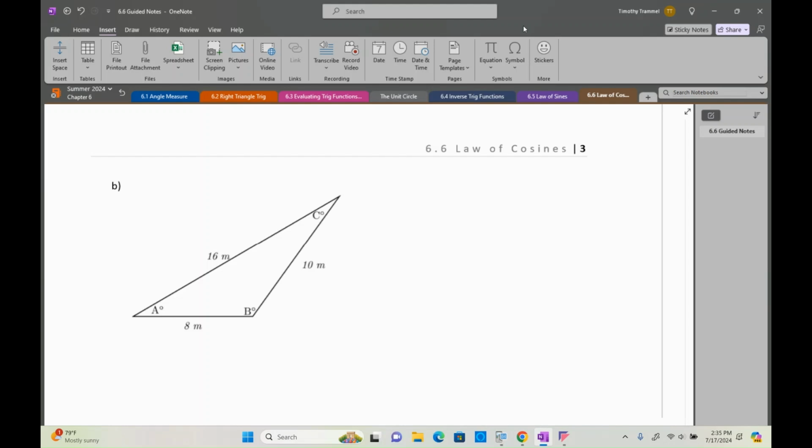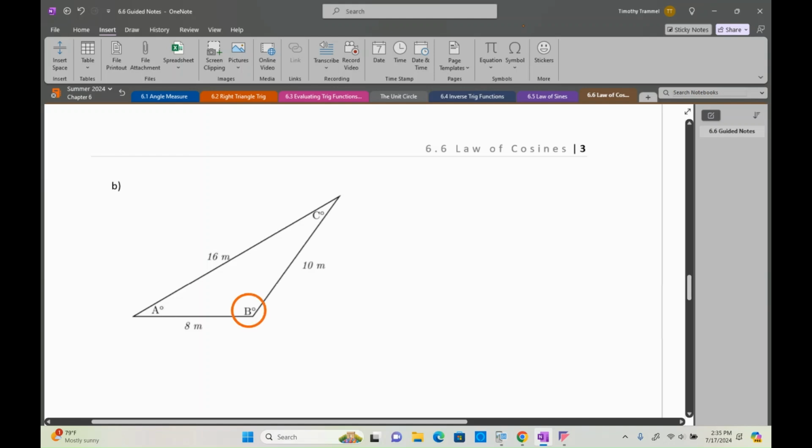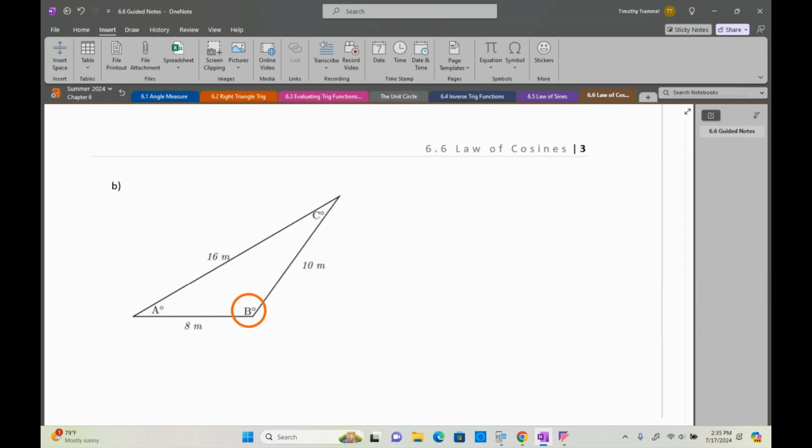Now, when I do go to use my law of cosines here, I could actually use it to find A, B, or C. It's really actually up to me. But I want you to see that there is an obtuse angle here. And so if it were me, I would prefer to find this obtuse angle using my law of cosines, because then I don't have to make any adjustments that I might have to with the law of sines.